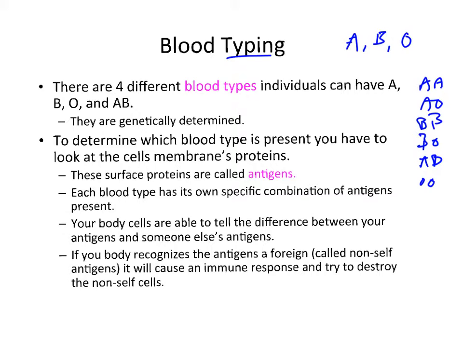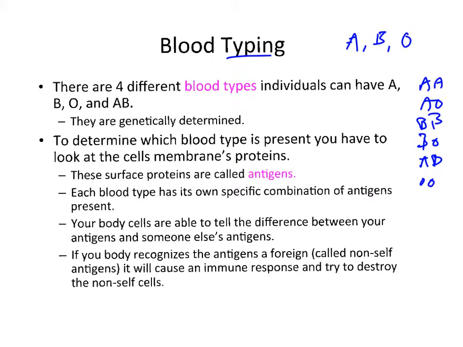These are coming, remember, from your parents. So you've got 2 copies of each allele, one from each of the homologous chromosomes provided by your parents. And so there's a genetic determination of blood type.